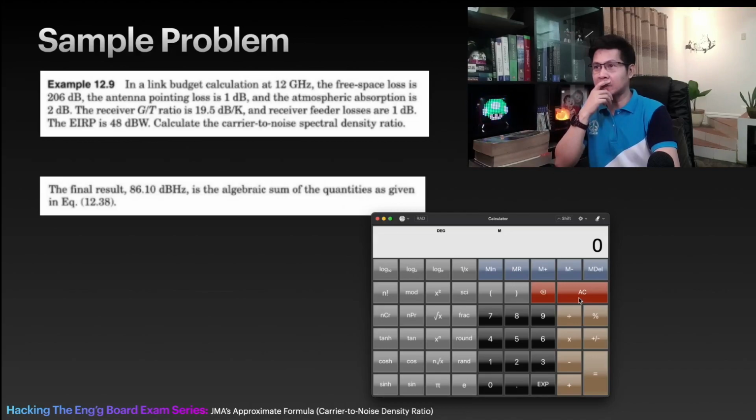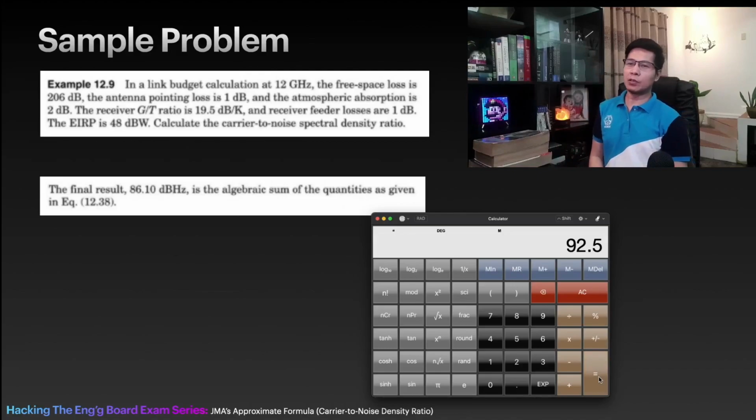Sabi natin, pag carrier to noise density, that's simply the EIRP, which is 48, plus the G over T, which is 19.5. And then, sabi natin, just add 25 dB. So, this is the answer if you will use JMA's approximate formula. So, the answer is 92.5 dB.